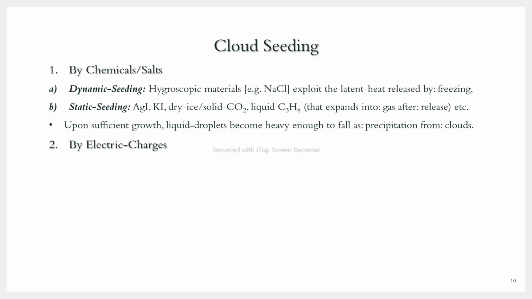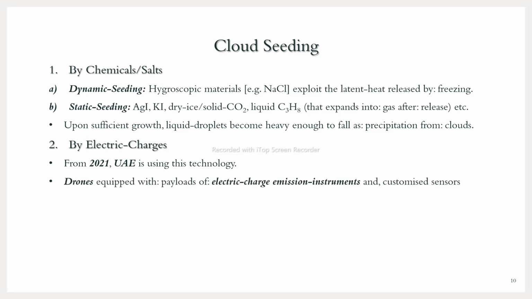The other type of cloud seeding method is by electric charges. The video of the United Arab Emirates we saw in the last class was actually not a very new one. Since 2021, the Gulf country, the United Arab Emirates, has been using the electric charge method.